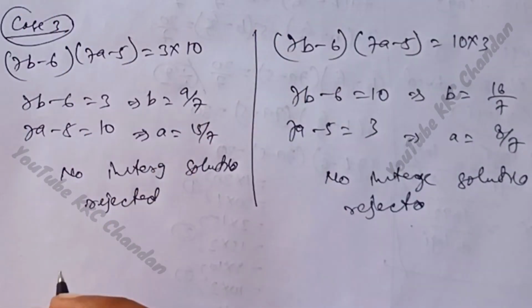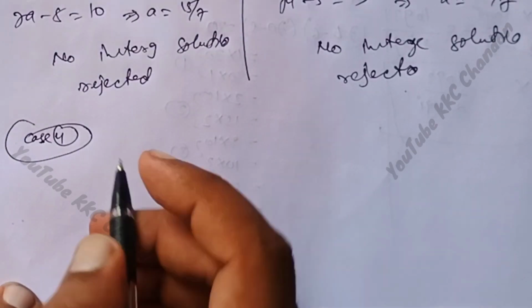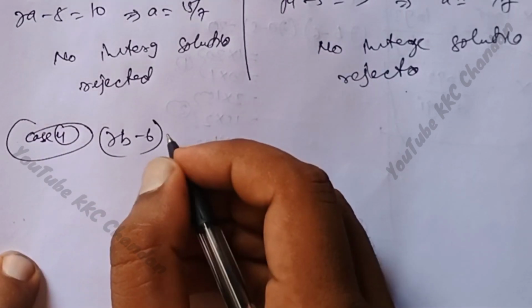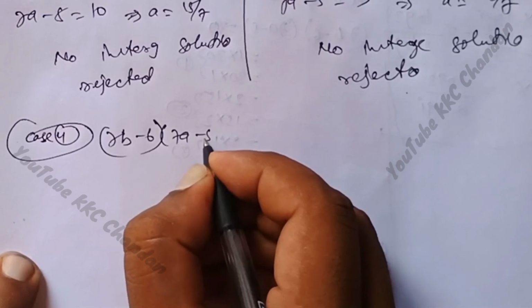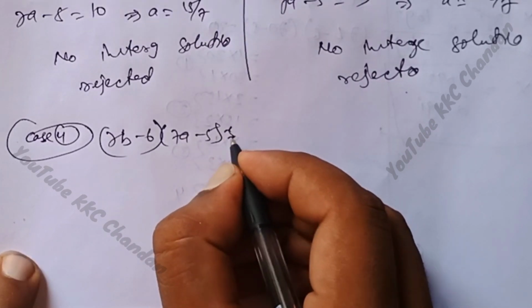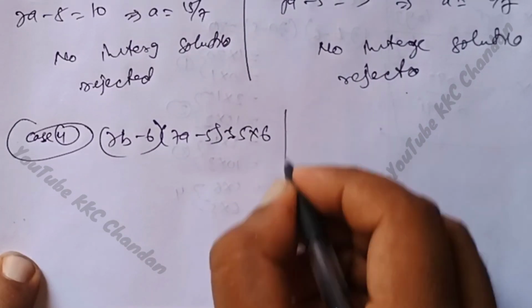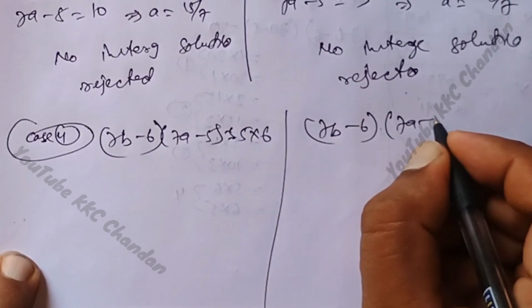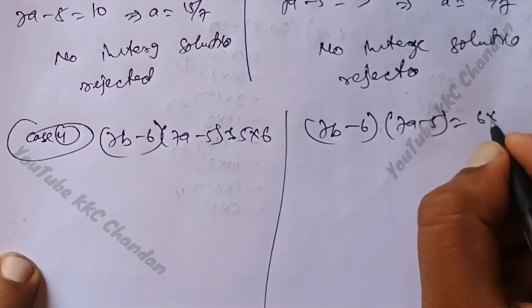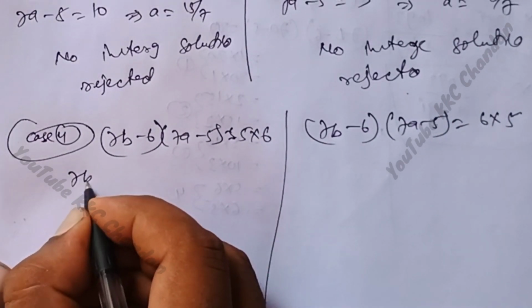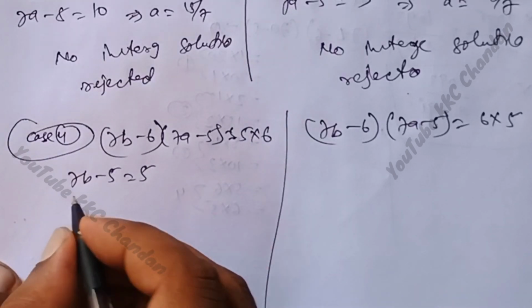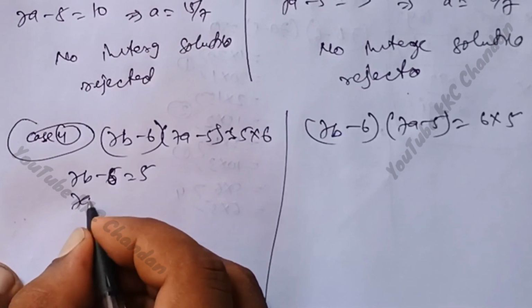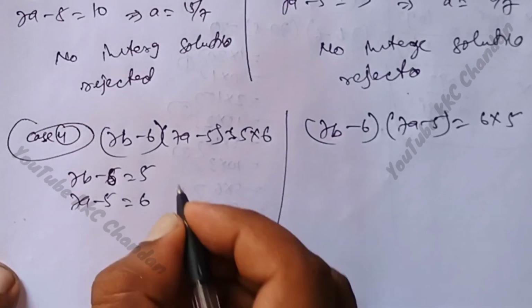Case 4. 7b minus 6 into 7a minus 5 is equal to 5 into 6. 7b minus 6 is equal to 5 and 7a minus 5 is equal to 6.